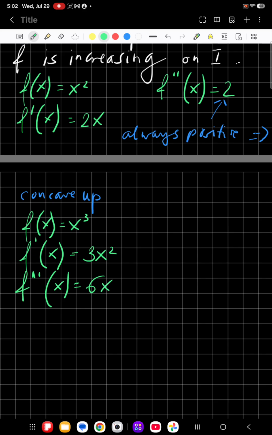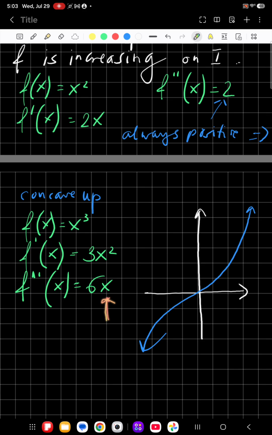Okay, so now let's think about it. Let me quickly draw that graph again, something like this. Now we can take just any number and plug it in for this x.